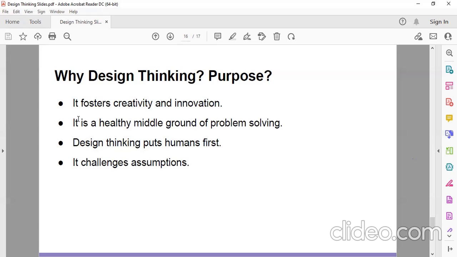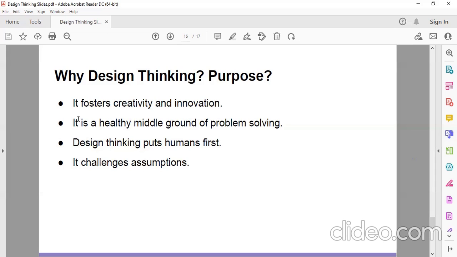We are trying to prove that the assumptions made earlier are not valid, and we are trying to prove why they are not valid. So these are the main reasons for adopting design thinking. There are a lot of benefits from design thinking, but these are the main points that we consider in adopting design thinking.